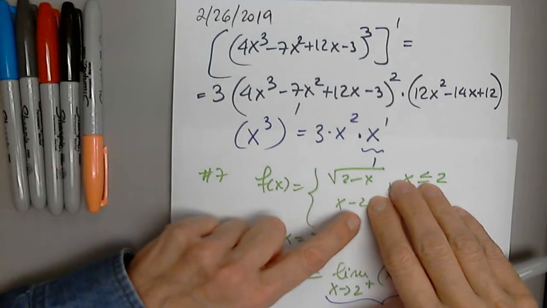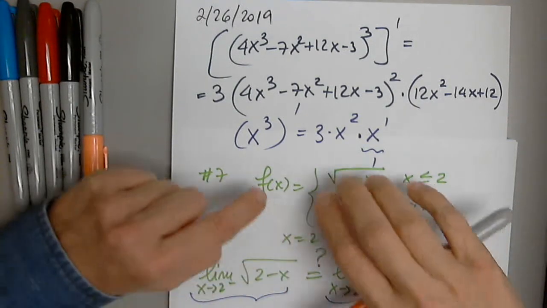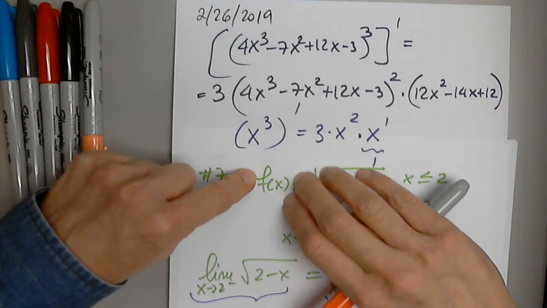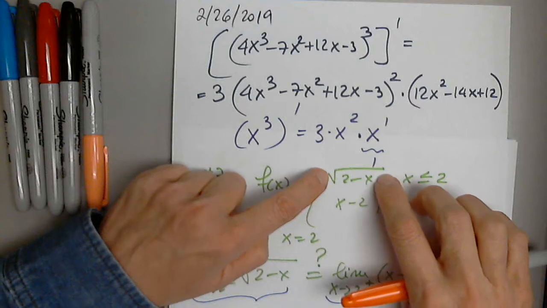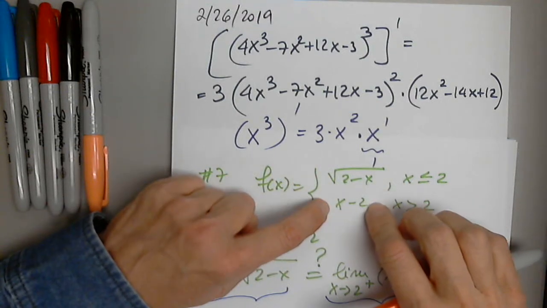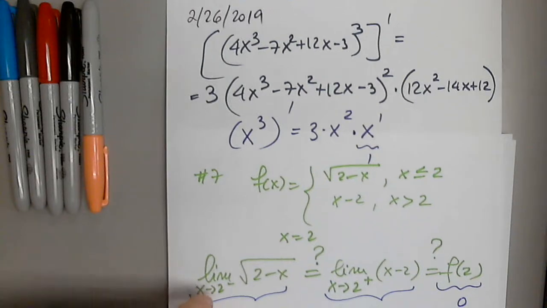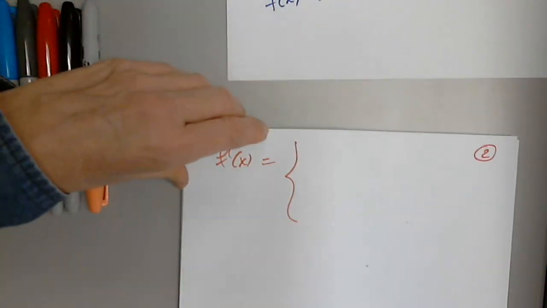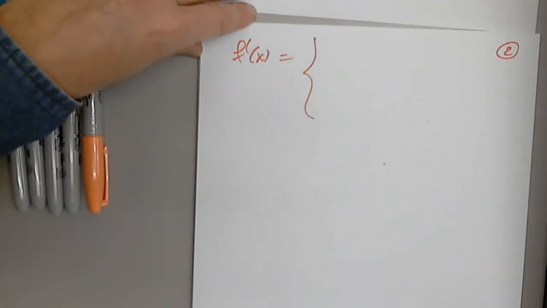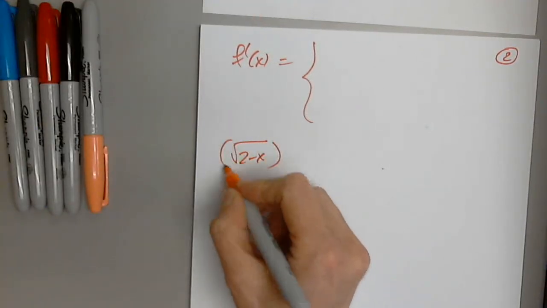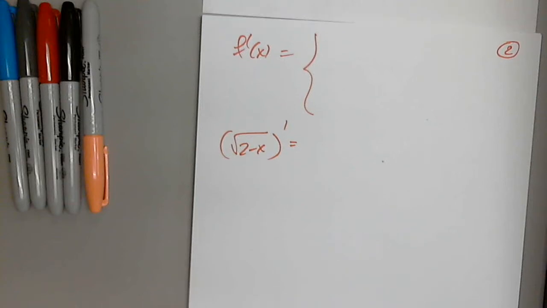I know that this piece is differentiable, and I will find its derivative. What I don't know yet is whether it is differentiable at the junction. So I'll find the derivative of each piece, and we'll analyze what happens there. So what is the derivative of the square root of 2 minus x? Let's do that on the side. The square root of 2 minus x, prime, is, what is the formula?